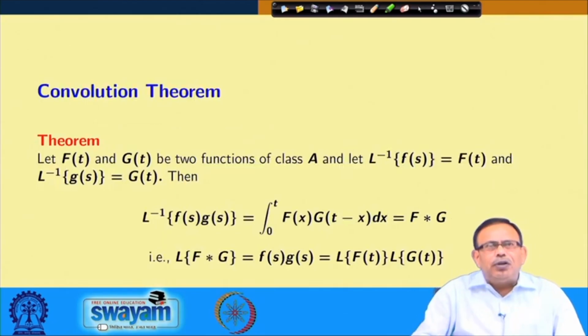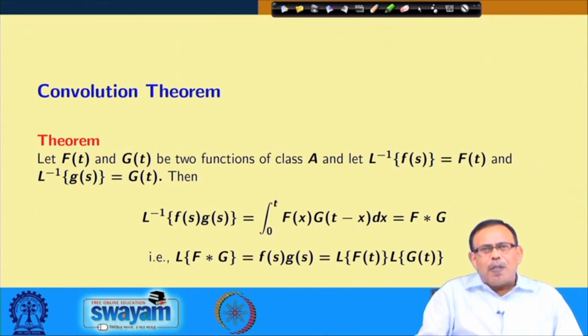There is a well known theorem which we call the convolution theorem. Let f(t) and g(t) be two functions of class A, that is, Laplace transforms of them exist, and if the Laplace inverse of F(s) is f(t), and the Laplace inverse of G(s) is g(t), then the Laplace inverse of F(s) G(s) is nothing but f star g, that is the integral from 0 to t of f(x) g(t minus x) dx.